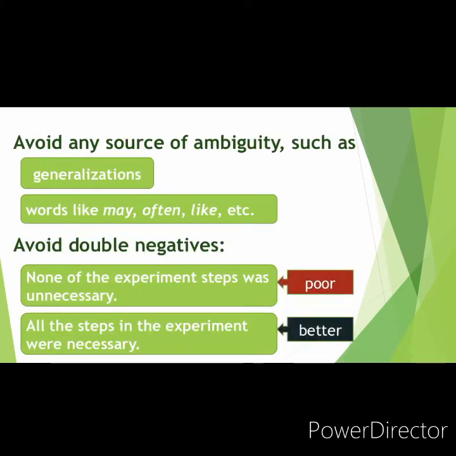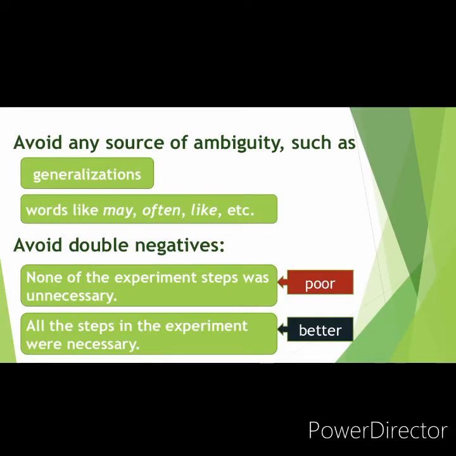Another recommended point regarding test paper writing is to avoid ambiguity as much as possible. There are sources of ambiguity, and they are many. Like, for example, words that give generalizations, as in the frequency adverbs, the modal verbs, the double negatives, the indefinite pronouns, and many other sources.